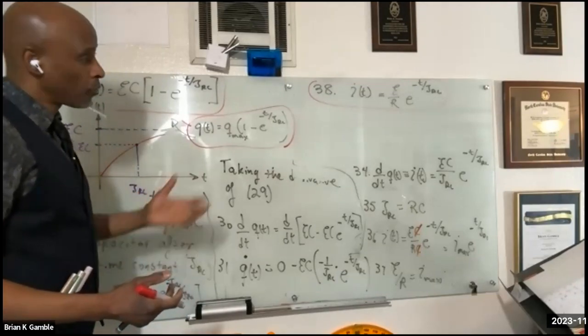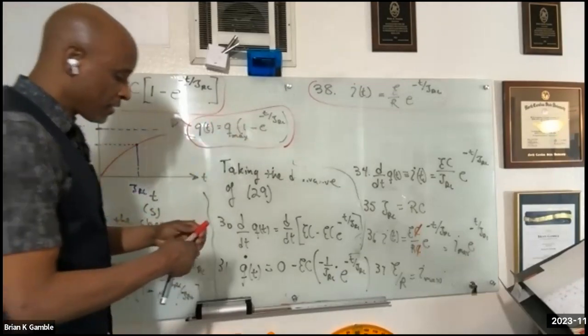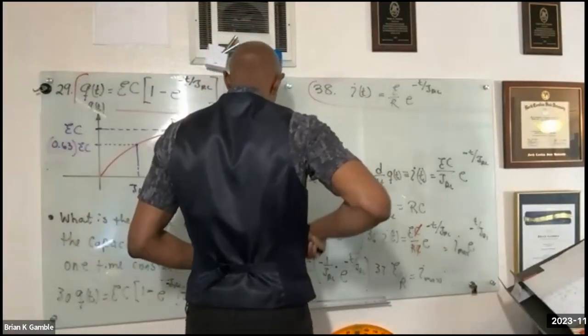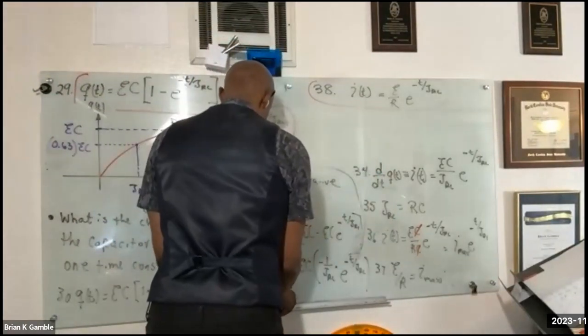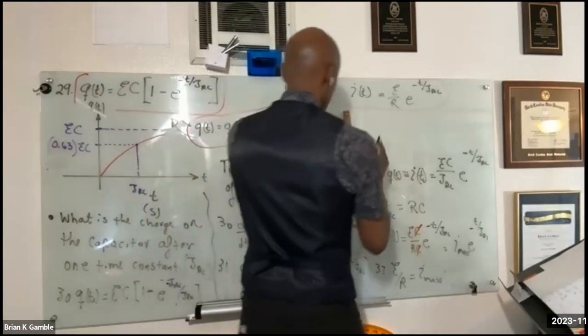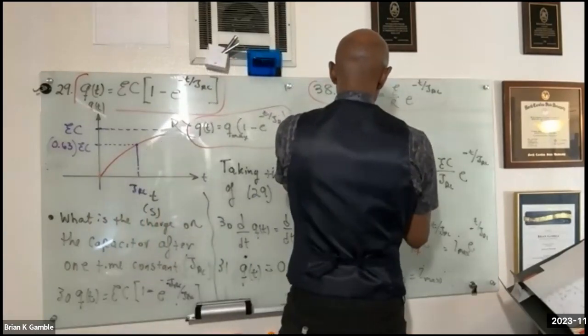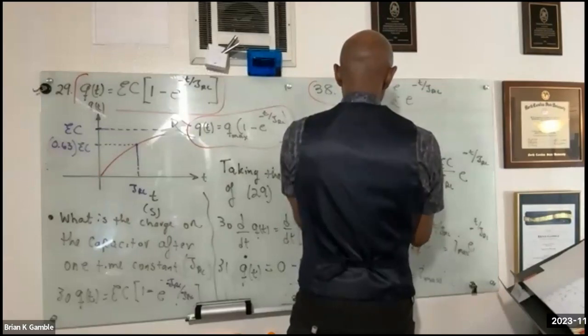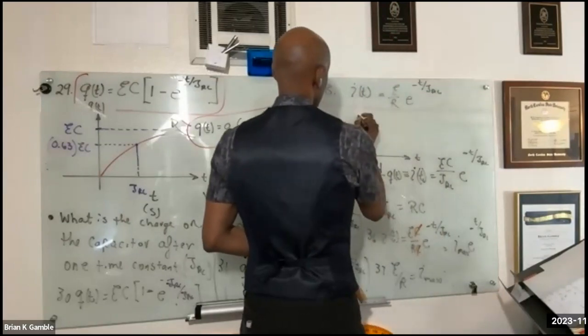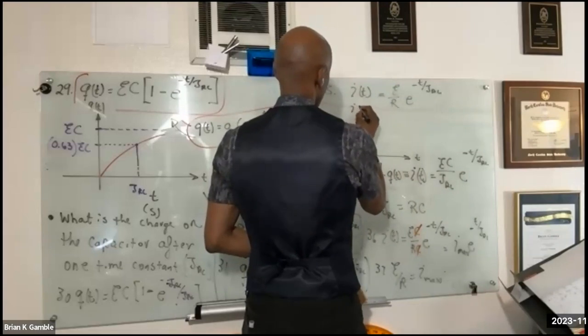Yeah. So if you graph it, if you put this into your graphing calculator, you will get what you expect. It's going to look something like this. So this is time and this is current, right?